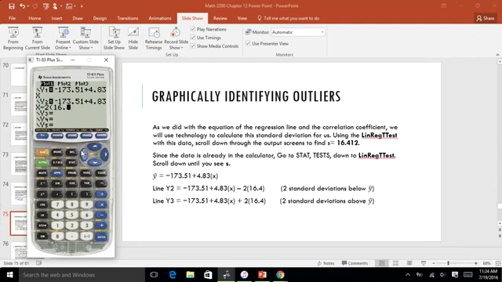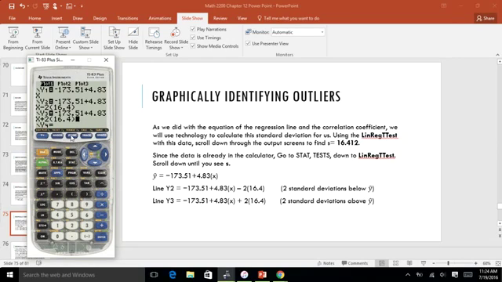I'm just figuring it really badly today. And then I go down to Y3 and put negative 173.51 plus 4.83x plus 2 times 16.4. All right, so I've got it in there, right?